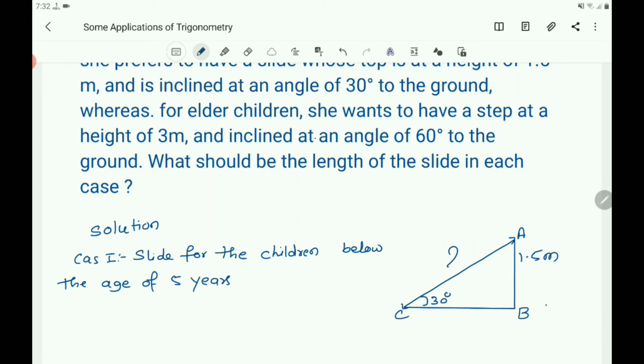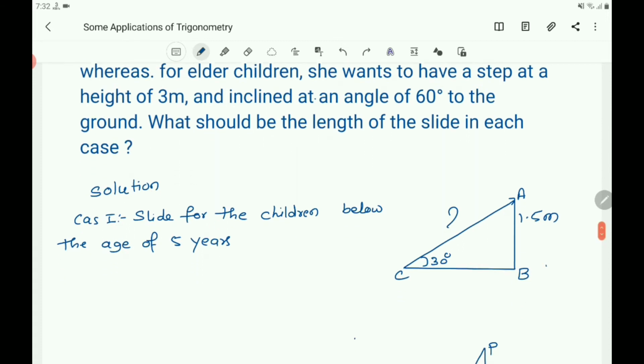Here C is the bottom of the slide. It touches the ground with an angle of 30 degree. The angle between the slide and the ground is 30 degree, and we have to find out AC.